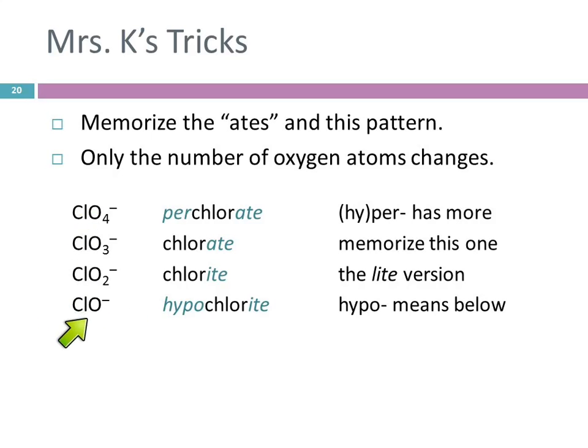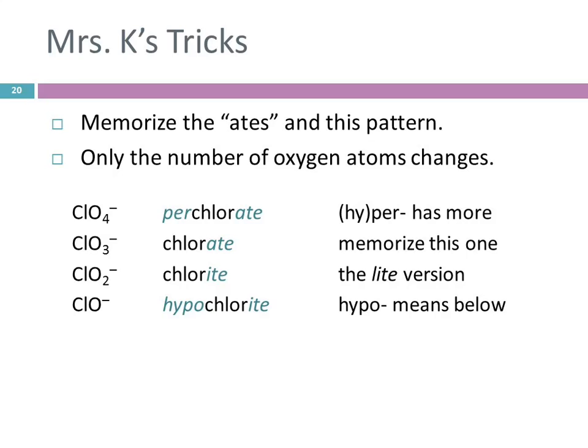Do you see the pattern here? 1 oxygen, 2 oxygens, 3 oxygens, 4 oxygens. The charge on the ion is exactly the same. They're all -1. They all have 1 chlorine atom in them. The only difference between these 4 ions is the number of oxygens. Okay? So chlorate, you memorize it.